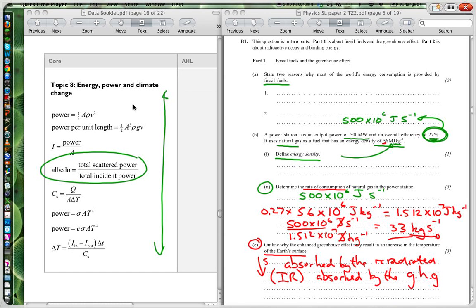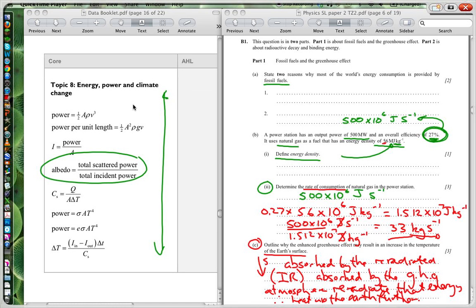Now, the atmosphere will then re-radiate that energy, and therefore heat up the Earth further.